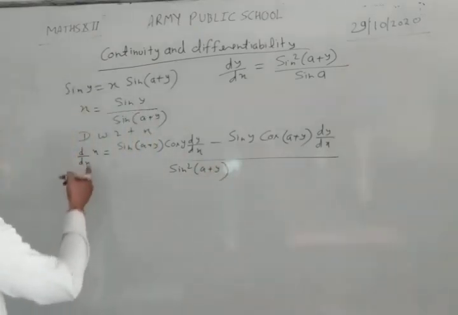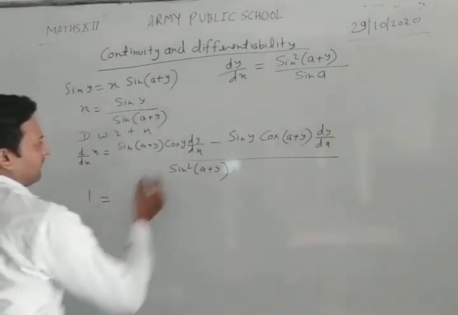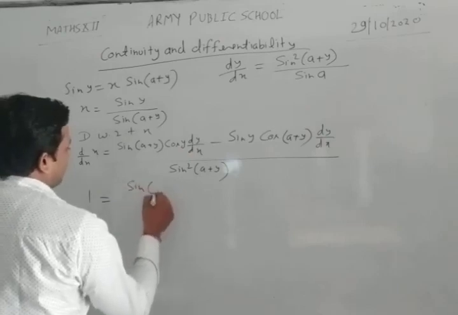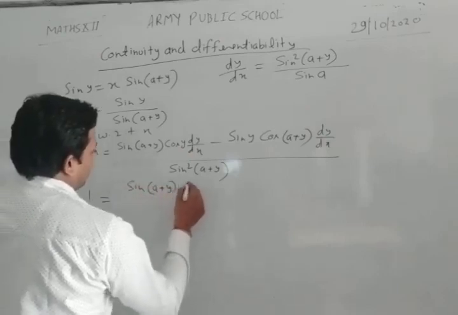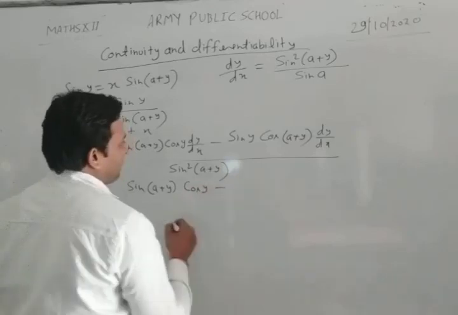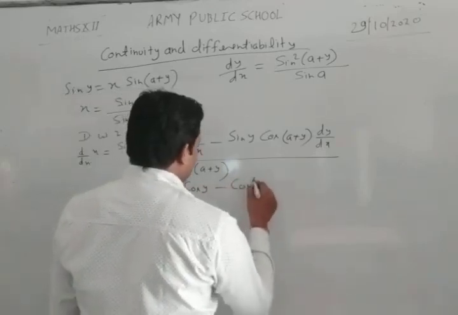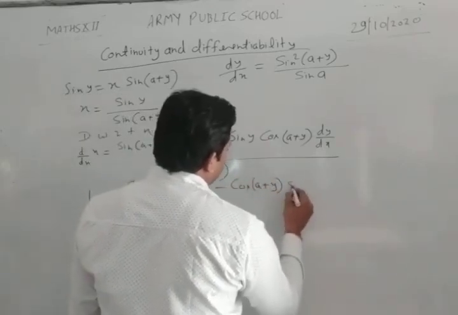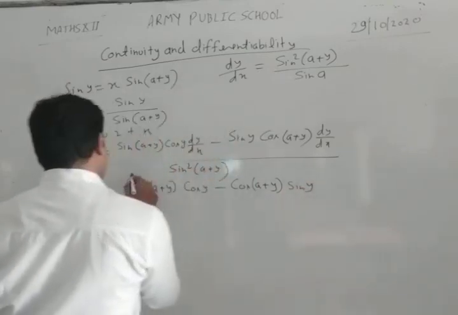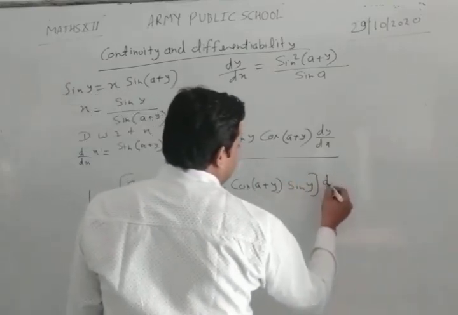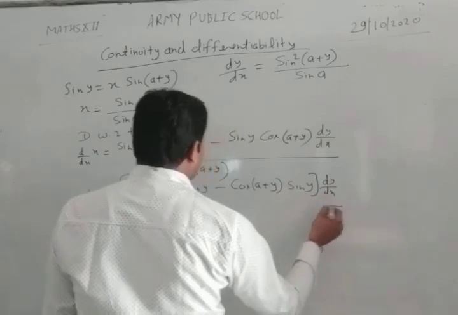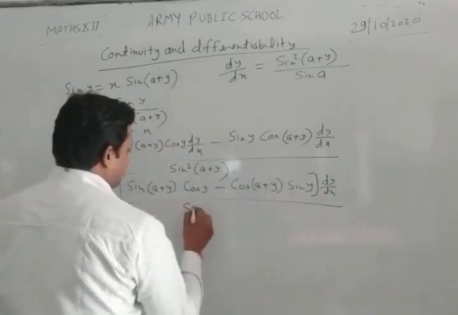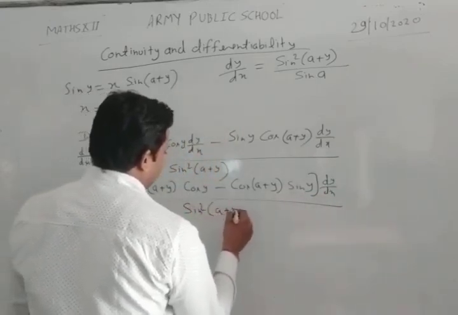Now differentiation of x is 1, we write sin(a plus y) cos y minus cos(a plus y) sin y, and dy by dx, and this is sin square(a plus y).